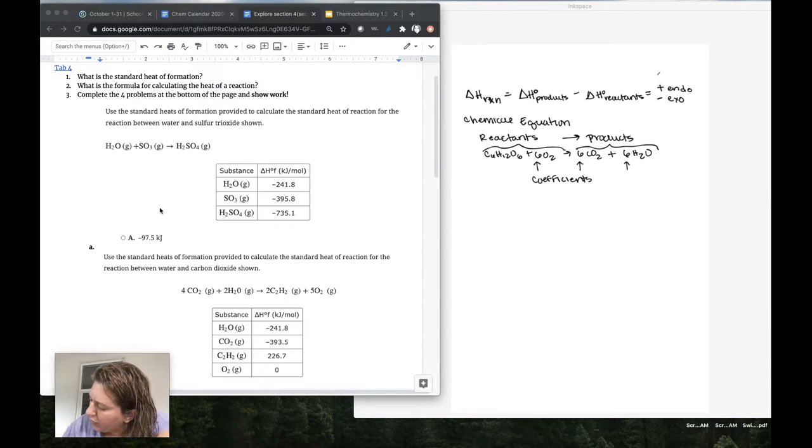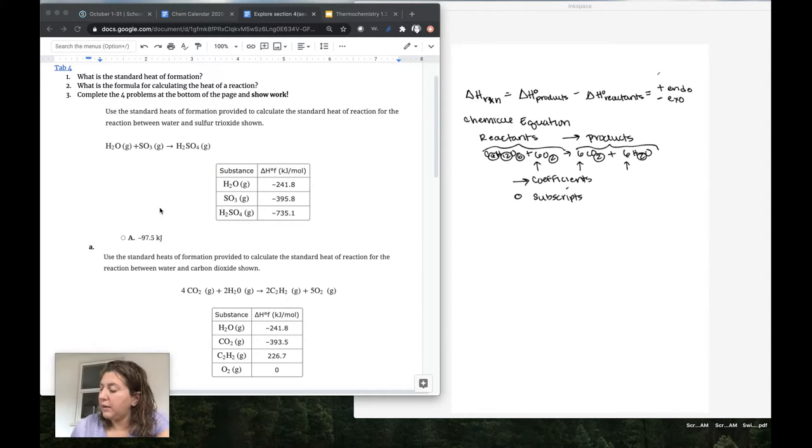Then there are small numbers that are also in these equations, and we call those small numbers subscripts.